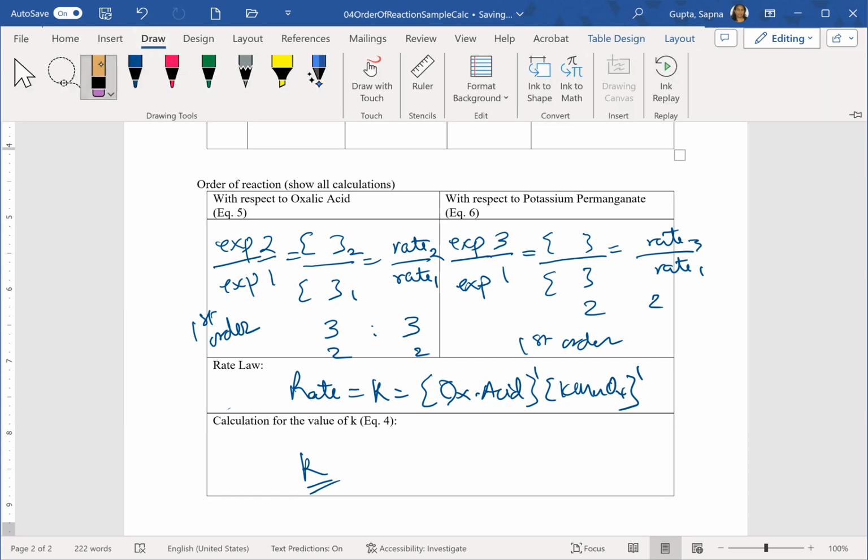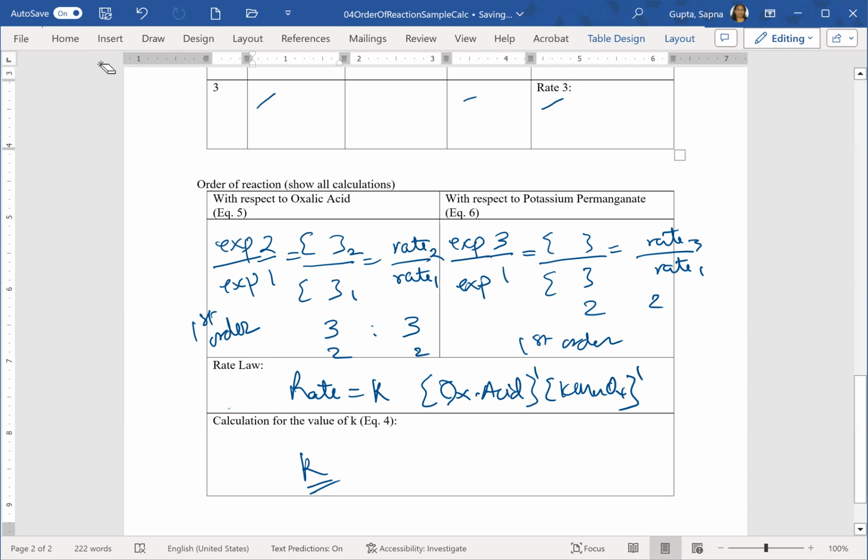I have one small error. This should be all together, because rate is equal to K, where K is the reaction constant, the rate constant. You calculate K by taking any set of values. You take either experiment 1, 2, or 3, just make sure you're consistent.